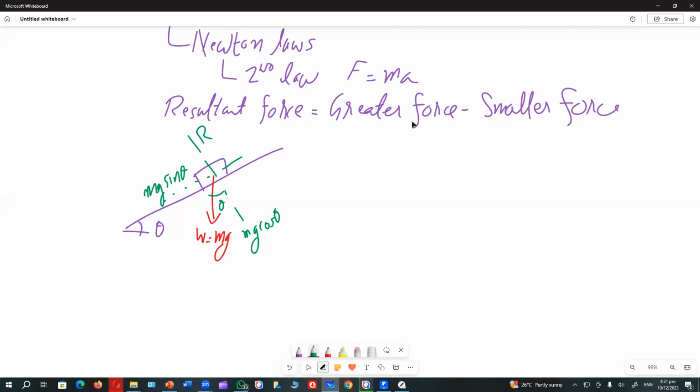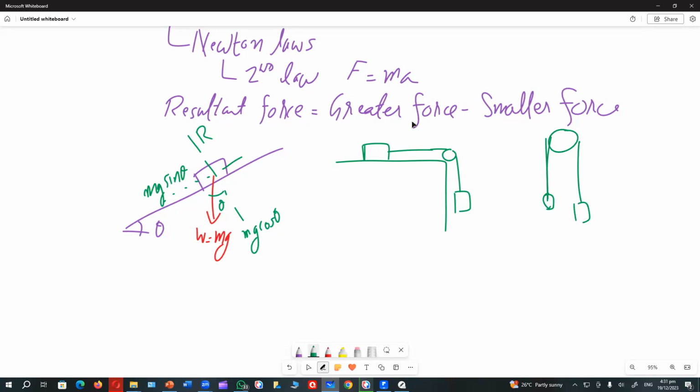This is the inclined plane. We have another case where one object is on a table and we have a pulley and one object is hanging. We have a pulley like this and two objects are hanging from the pulley.